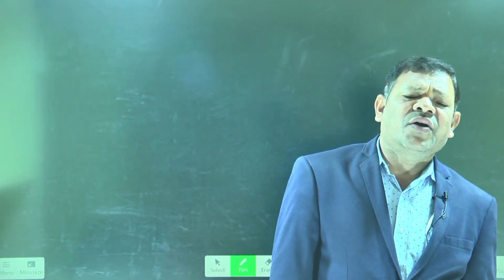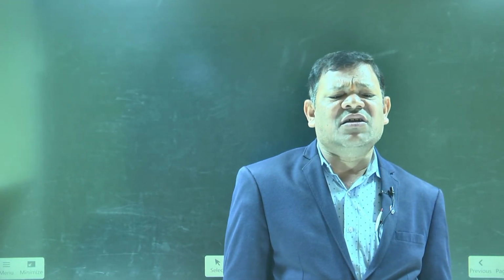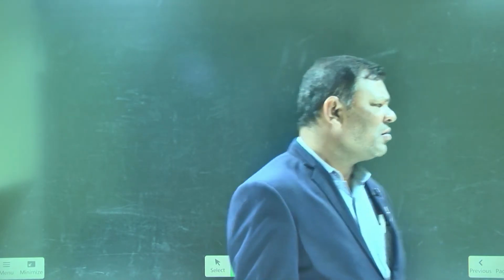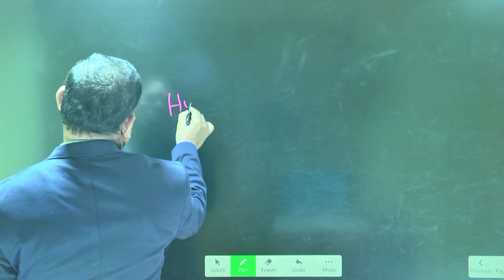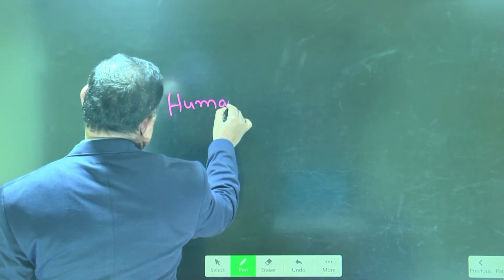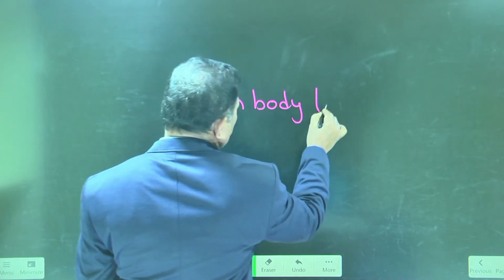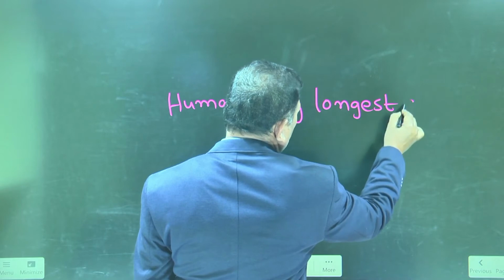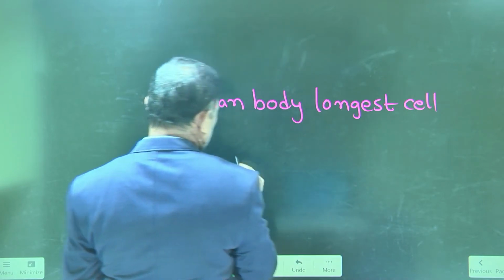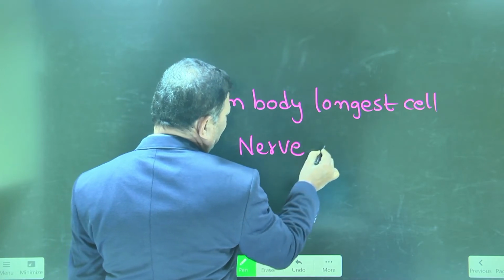So, in our human body, what is the longest cell? Very good, the nerve cell.